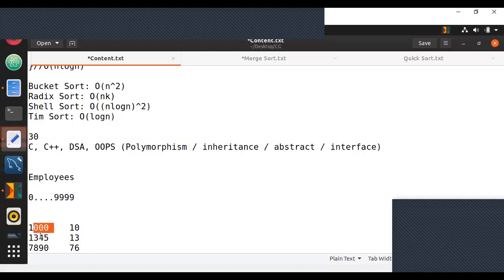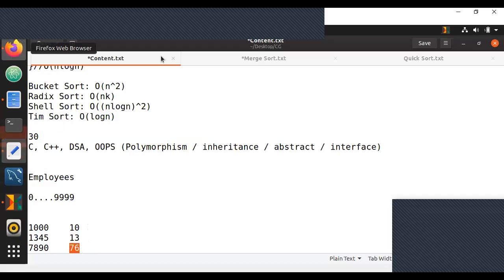So as long as there are 100 values at maximum, I can have 2-digit values in hash. So I don't have to waste 10,000 spaces. I can only waste 100 spaces. Once it crosses 100, I have to change the hash function to 3-digit values and so on. So that is your basic concept of hashing.